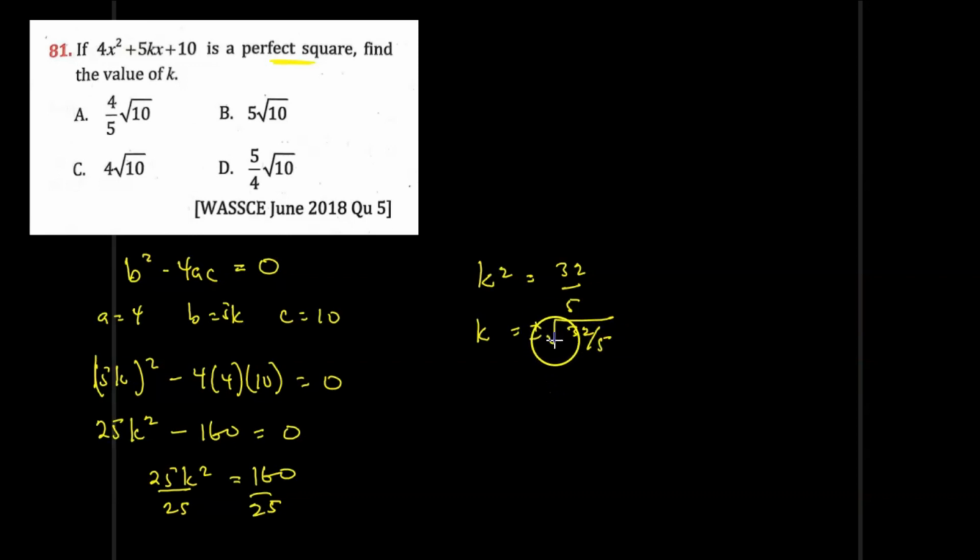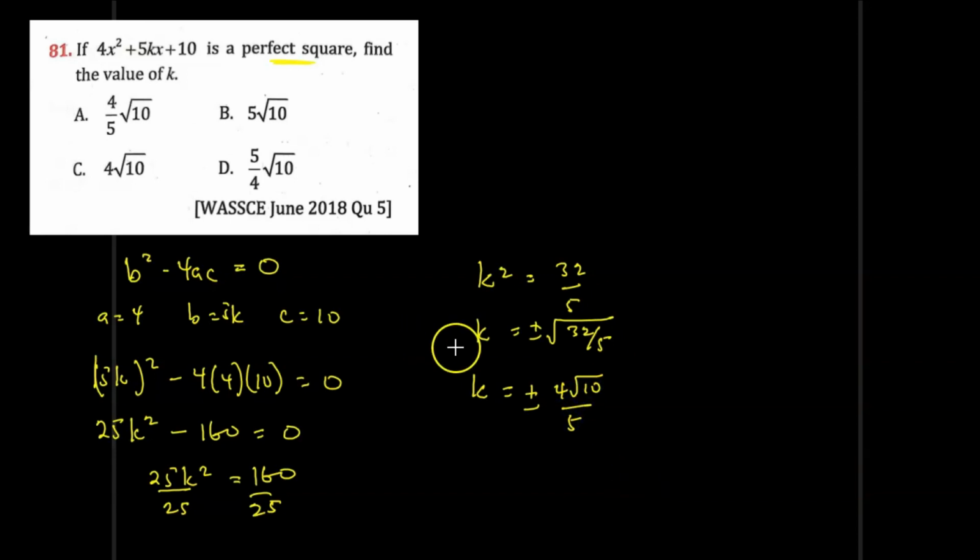And remember, in getting this, you have to simplify. So the square root of 32 on 5, k will be equal to plus or minus 4 root 10 all over 5.